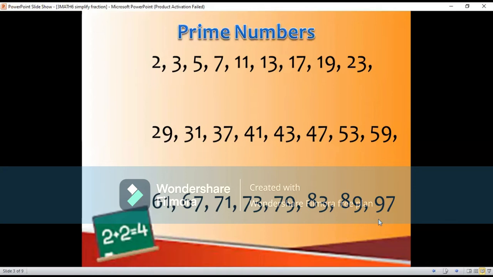So anyway, these prime numbers will be used as a divisor for continuous division in finding the GCF for factorization. So did you get it, class? If yes, let us proceed.